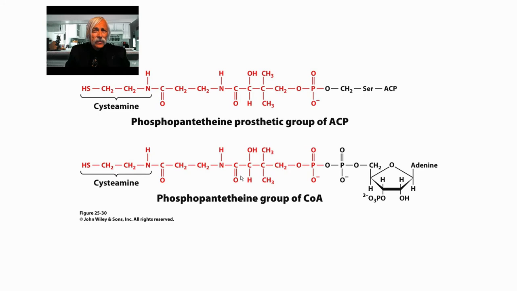Sometimes ACP is the thioester associated with those fatty acids as well. But we're not talking about that today. We're just talking basic fatty acid synthesis. So I wanted to show you that the phosphopantetheine group is associated with an acyl carrier protein as a prosthetic group for the protein, embedded within the polyprotein FAS, at least in mammals. And it's also the same prosthetic group that's in coenzyme A. Okay.